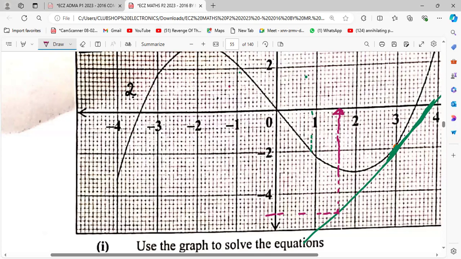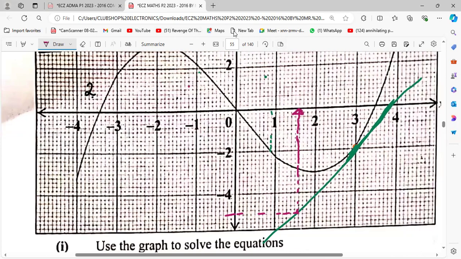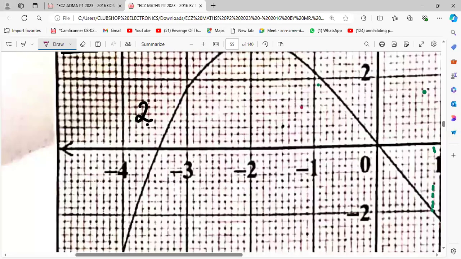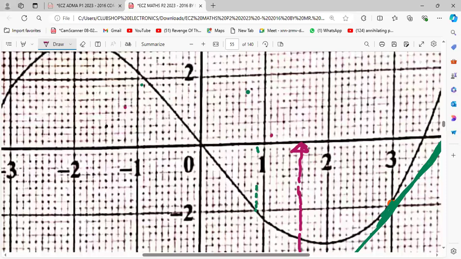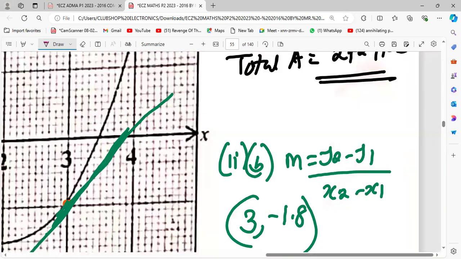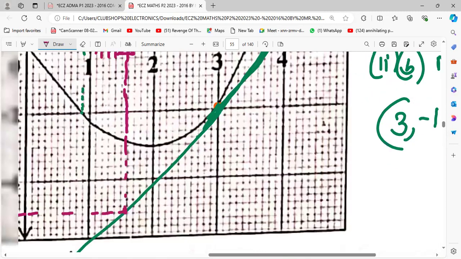Hello, am I audible? Yes, you are. X must be 1 point what? Let me increase. 1, 2, 3, 1.6, 4, 5. Yes, 1.6. So x is 1.6. We can say comma 1.6. How about y? We check for y.